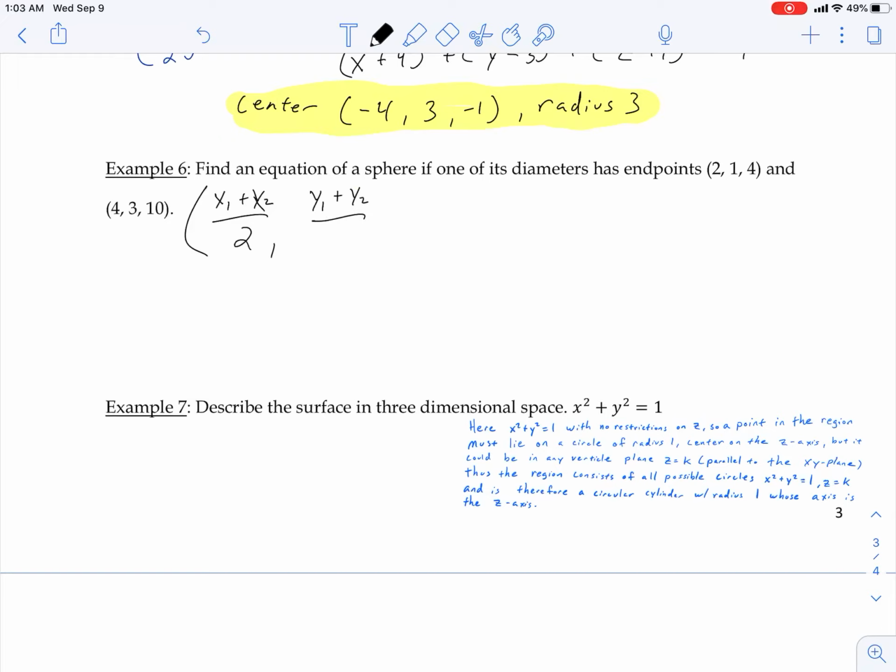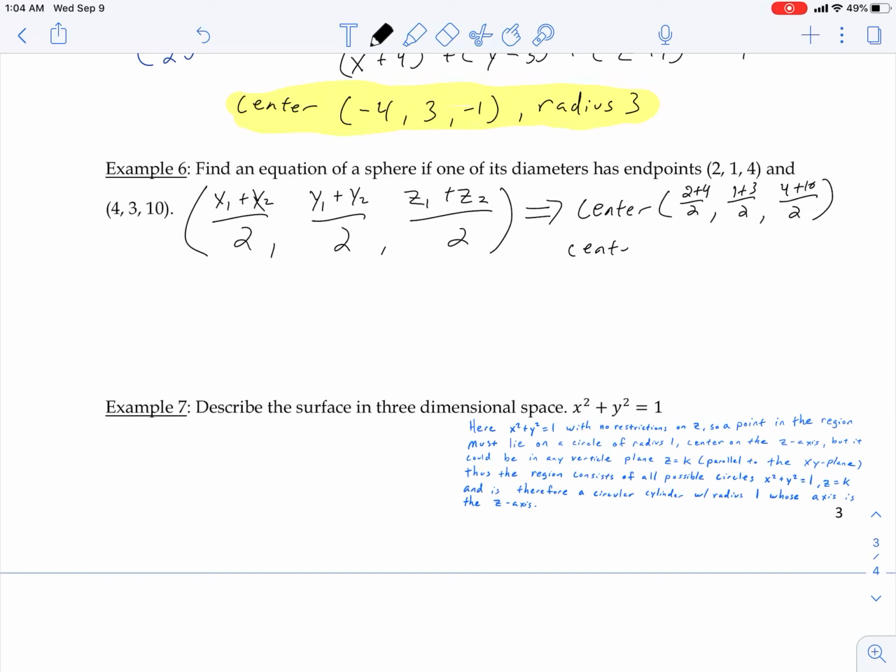Y sub 1 plus y sub 2 over 2, and z sub 1 plus z sub 2 over 2. And so this is how we're going to find the center. So our center is going to be 2 plus 4 divided by 2, 1 plus 3 divided by 2, and 4 plus 10 divided by 2.